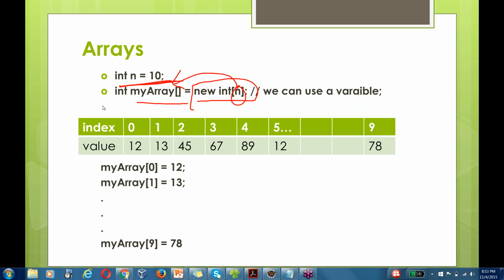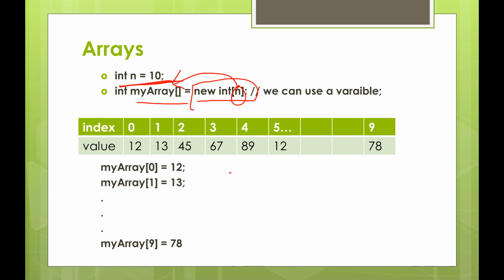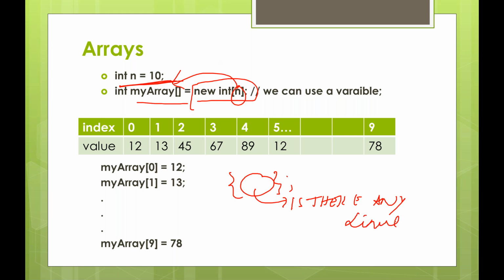What Abid is asking is, while initializing the array, we don't specify any size, so is there any limit to storing these values?